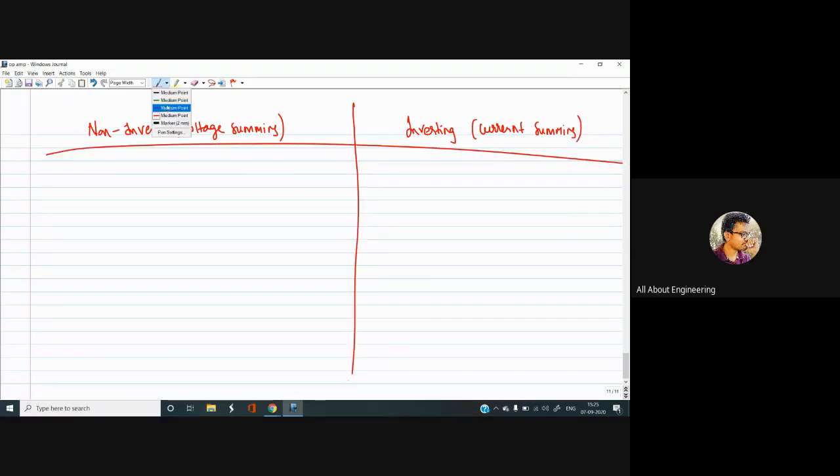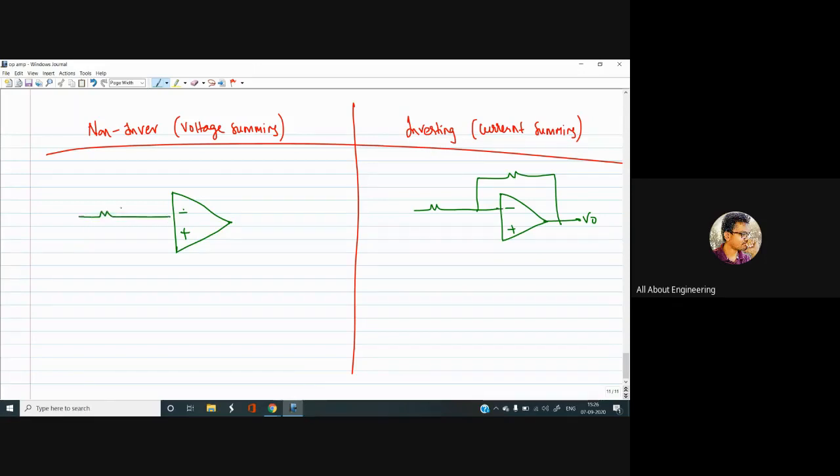It is very simple, but let me tell you with an example. Let me consider an operational amplifier with negative feedback. Let me consider two cases. In both cases, I am connecting a negative feedback. Let it be R1 and R2. Here it is V0, so R2, R1.